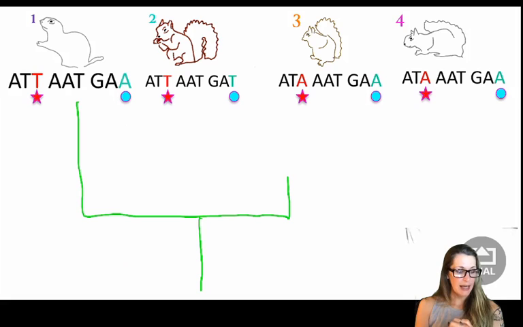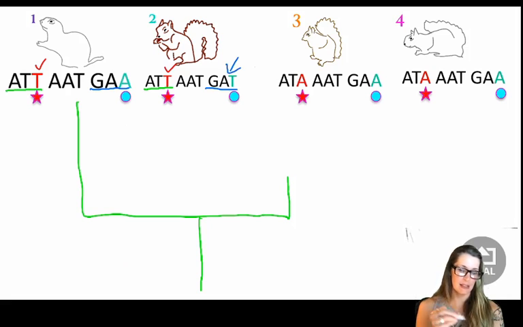If we look at the ground squirrel, first codon, and we look at the fox squirrel's first codon, those are the same. No change there. If we look at the third codon, we have a change here.